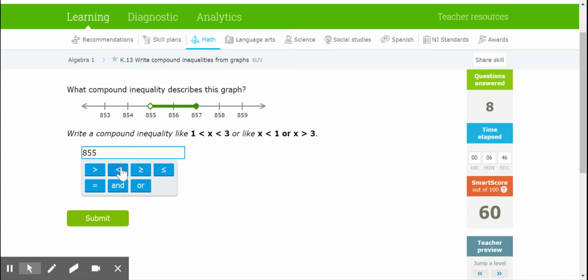Don't want that point, so 855 is going to be less than our x. Okay, and x is going to be less than or equal to the upper bound, which is 857. That one's colored in, so it needs to be equal to.